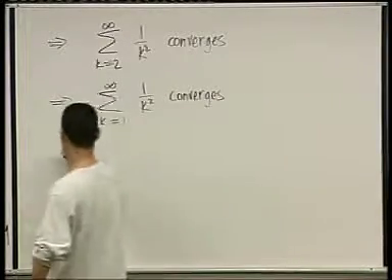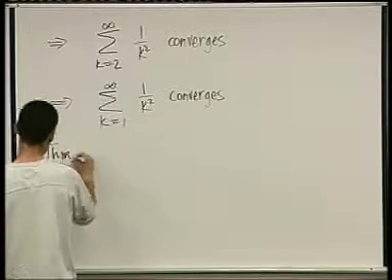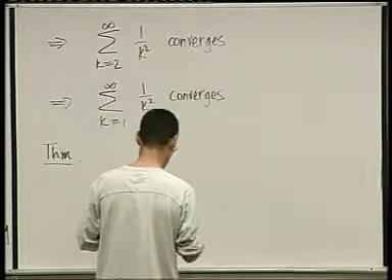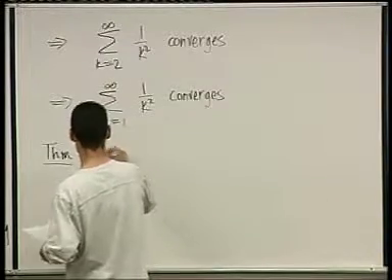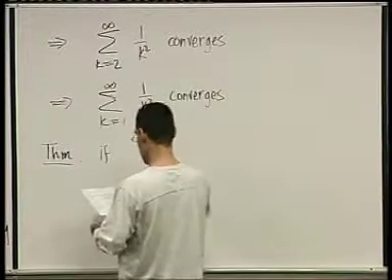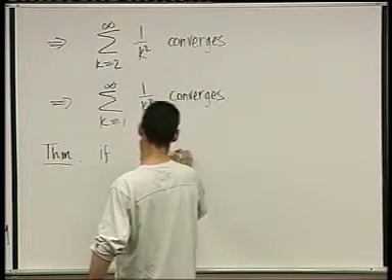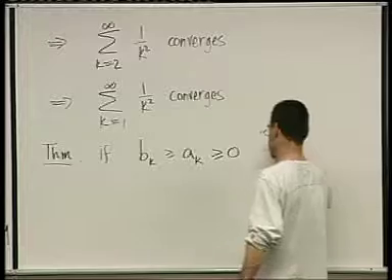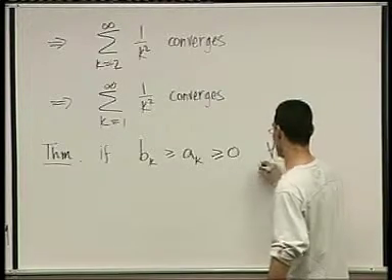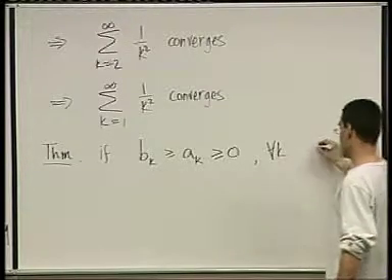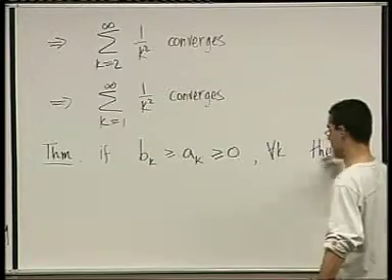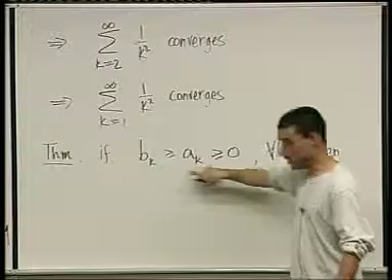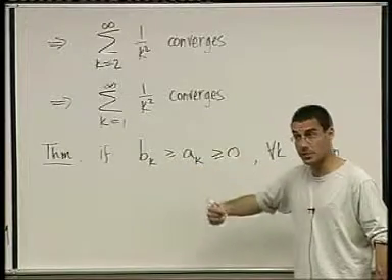Okay, so theorem. And of course it's going to resemble the comparison test for integrals. So if bk is greater than or equal to ak is greater than or equal to 0 for any k, then, so this is the statement of the comparison at the level of the sequences.